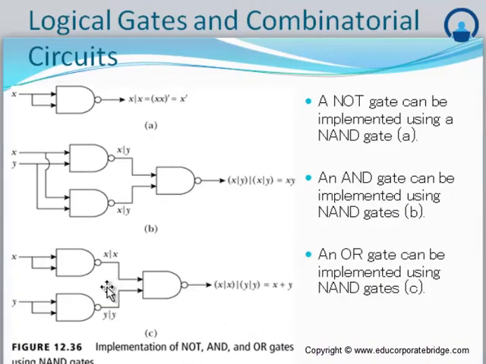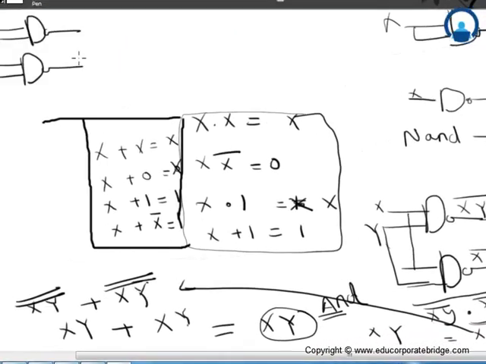Similarly, a universal NAND gate can also be implemented as an OR gate. So I'll just show the working for this also. Let's check how this is an OR gate. This bubble shows that it is an OR gate. Let this be x, this be y, this be x, this be y.